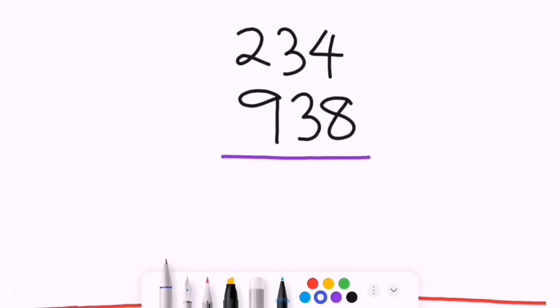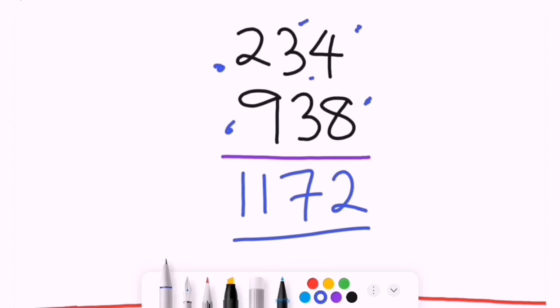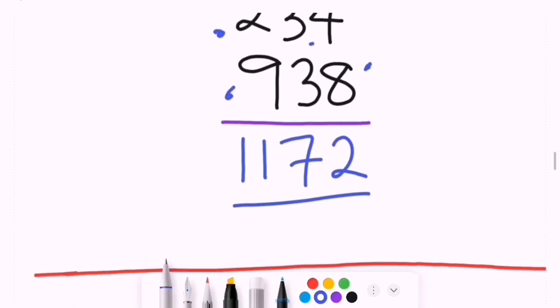We take this 2 as 200. 200 plus 900, which is 1100. 1100 plus 30, which is 1130. 1160. 1164. 1172. Therefore, we have 1172 as our solution.